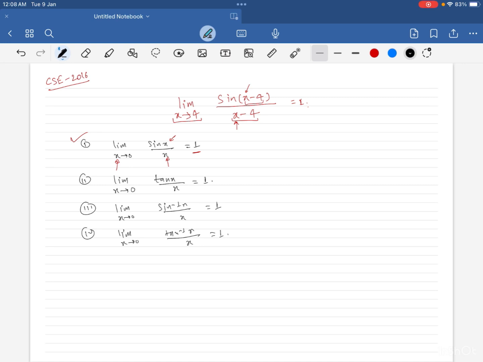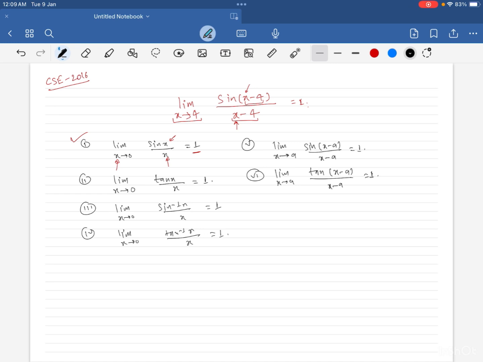With a similar analogy, we have limit x tends to a, sine of (x minus a) divided by x minus a, that is 1. And similarly for tan of (x minus a) divided by x minus a, that is 1.